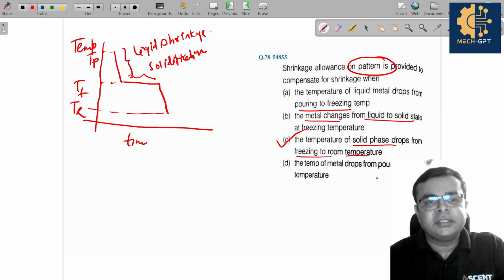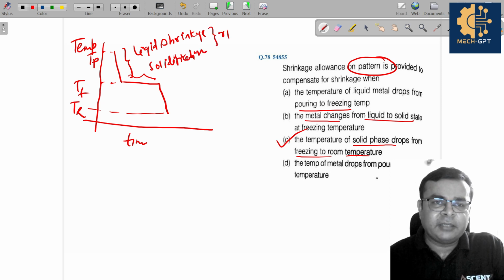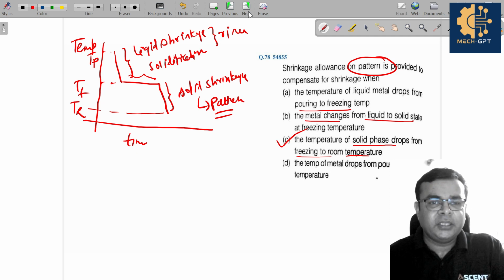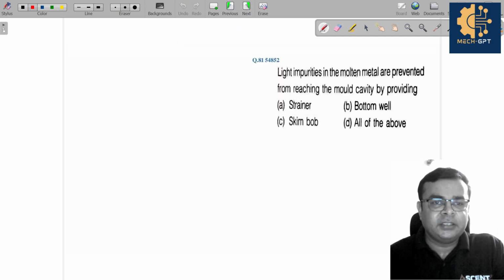The first two types of shrinkages are compensated by riser design, and this is called solid shrinkage, which is compensated by pattern design. Yes or no? So option C is the right answer.